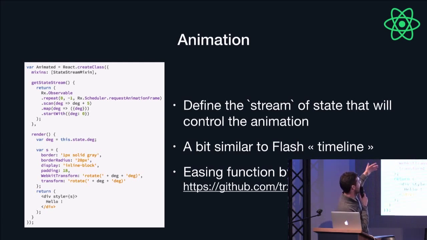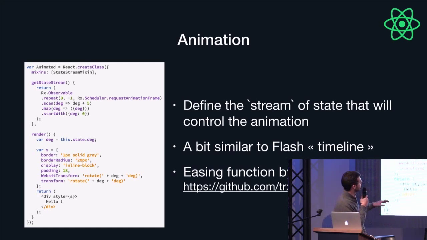I apply the scan operator that we have already seen to increase a degree value. And I bind the result of this observable to the state of my component. Then, in the render method, I can easily just use that degree value for the rotate transformation of my component, and it will turn on itself.